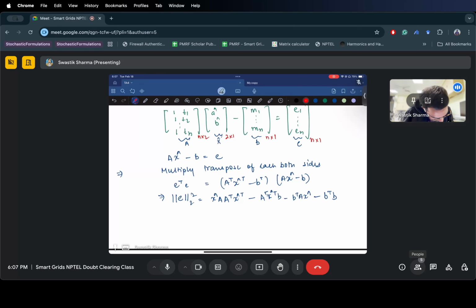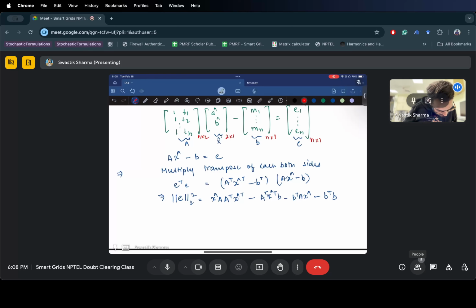So this is what? This is n. This is 2 cross n, right? This is 1 cross 2 now. Just a second, give me a moment. What has happened? It's coming like this. It should be bt x cap.